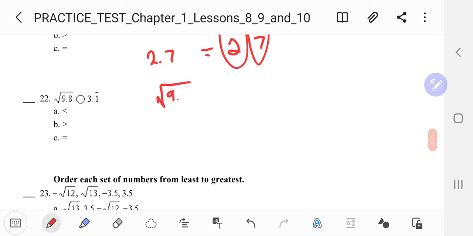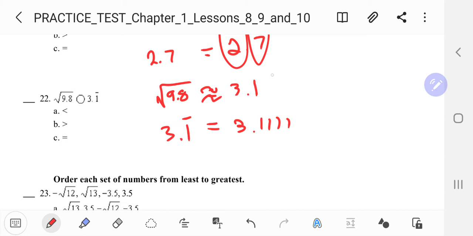Okay, square root of 9.8 equals, I should put approximately because these weird square roots are going to give us approximations. 3.1111, and let's get that. So I just have to type it in. Square root of 9.8 is 3.1.